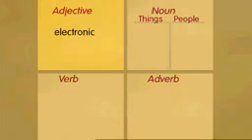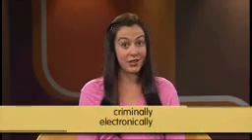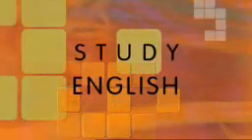We have electronic, the adjective, electronically, the adverb, and electronics, the noun. You'll notice that not all words take all these different forms, but where they do exist, you'll be able to see patterns emerging. For example, look at the adverbs criminally and electronically. They both end in ly.